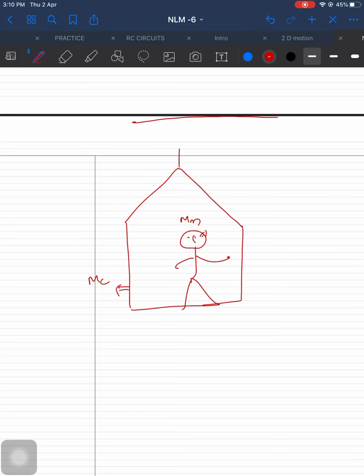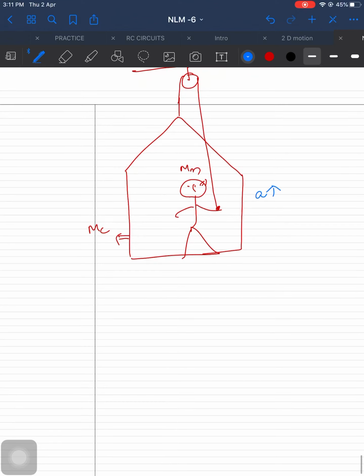It is connected to a pulley, and the rope is passing through the hands of the man. This fellow is trying to pull upwards, and they are moving with acceleration a in the upward direction.